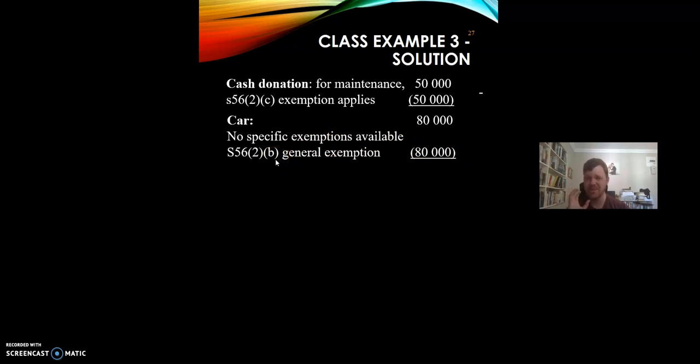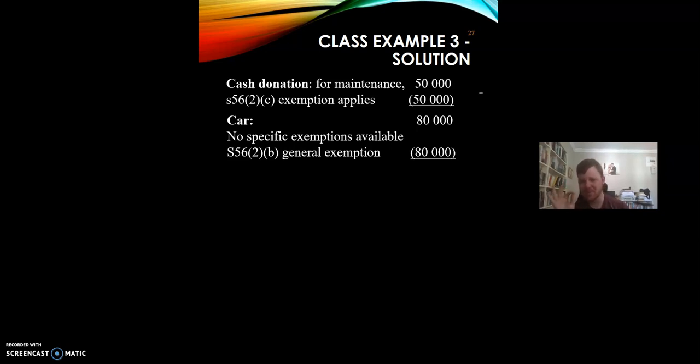The general is $100,000. You can apply $80,000 of it to the $80,000 donation, and you still have $20,000 left. There was no indication anywhere that this car was for the purposes of maintenance. You're not told anything else, so you don't start speaking about that.